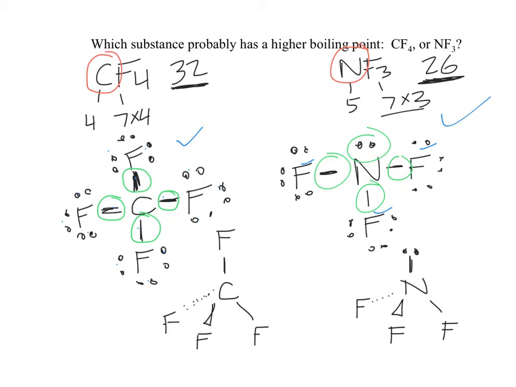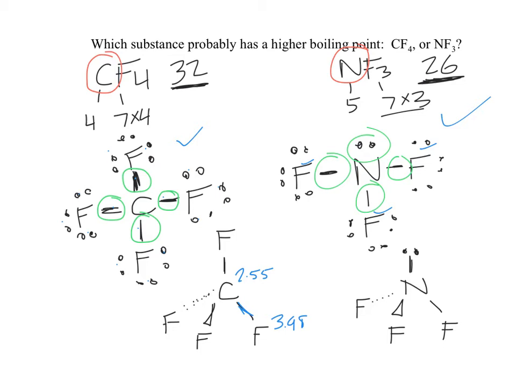Now I look at each bond in each molecule, and I decide whether it's polar or not. So in this molecule, there's a CF bond, and they're all the same. I'm going to analyze C and F. So I look up the electronegativities of each atom. I do this on a chart or Google it, whatever, you can find it. Carbon's number is 2.55. Fluorine's is 3.98. I don't actually have to take the difference between these two, but it's about 1.4-ish.